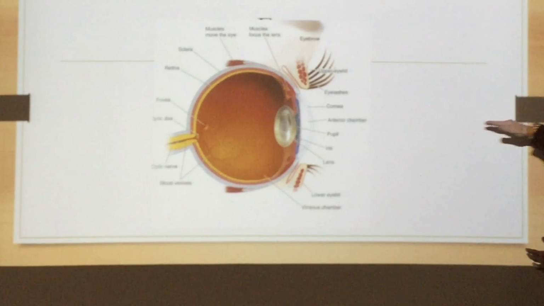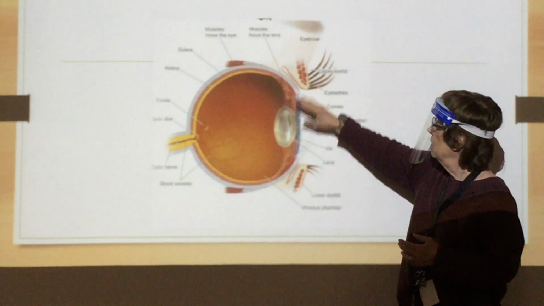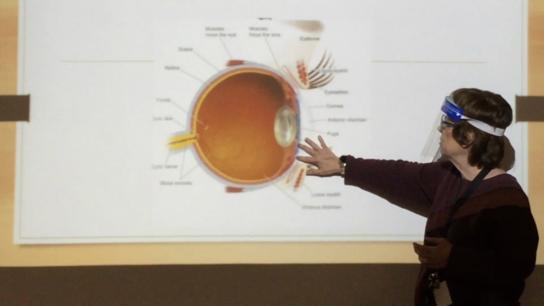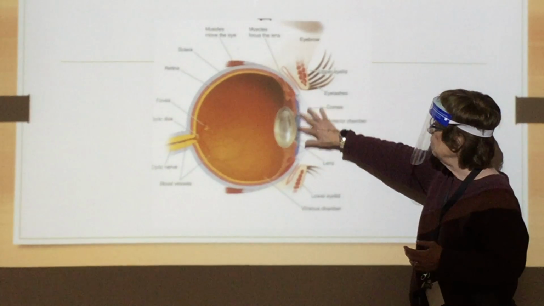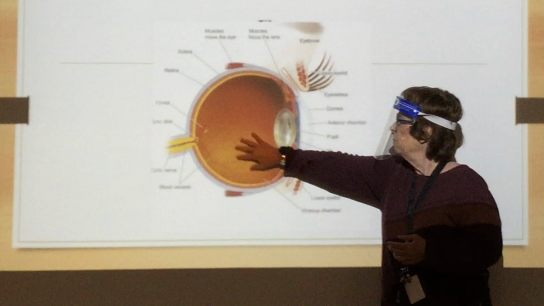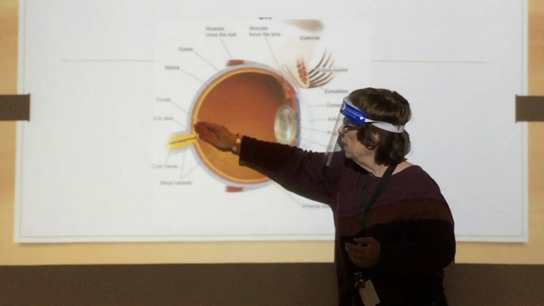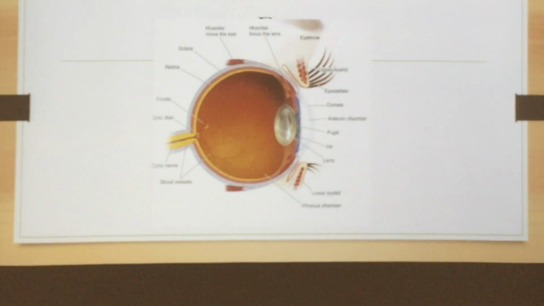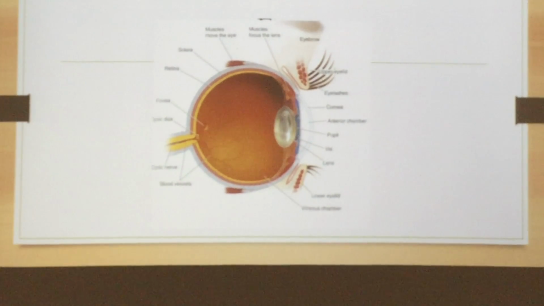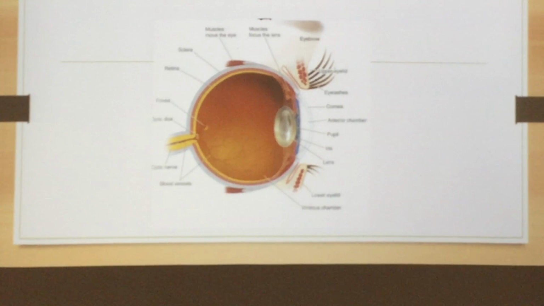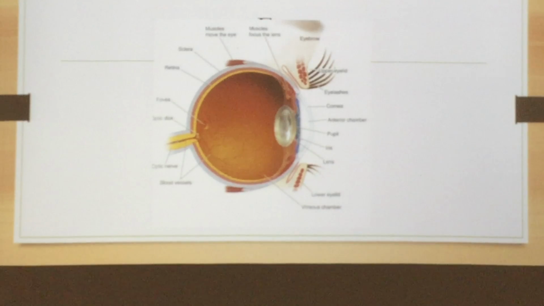So, you've got the light, it passes through the cornea, through the anterior chamber, through the aqueous humor, through the pupil, through the lens, into the posterior chamber, passing through the vitreous humor, and it's going to go to the back of the eyeball, which is called the retina. There are three different layers of visual cells in the back of the eye.